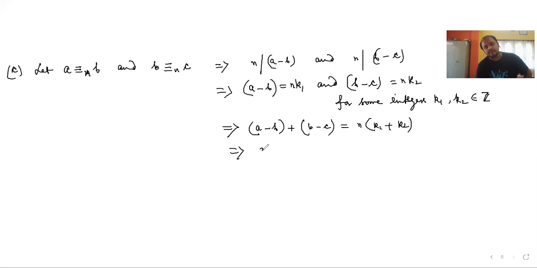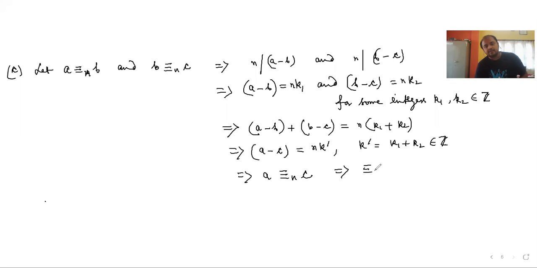This implies a minus c is equal to n times some k prime, where k prime equals k1 plus k2 belonging to capital Z. Therefore, a is related to c, which implies that this is a transitive relation.